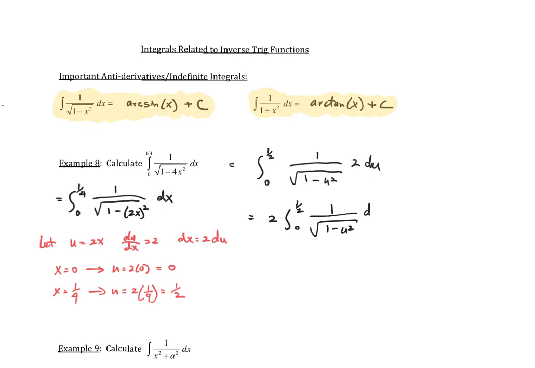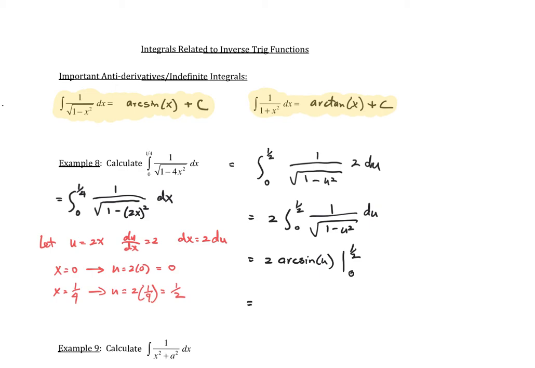Now we can see that the integrand is exactly the antiderivative we wanted to memorize. This is the antiderivative of arcsine, so this becomes arcsine of u, and we evaluate that at 0 and 1/2.